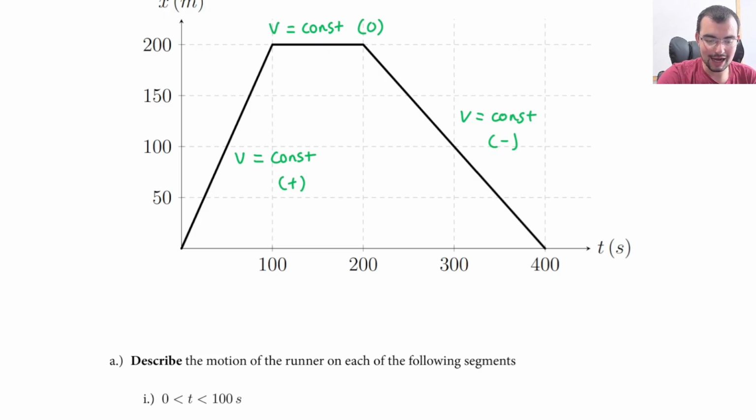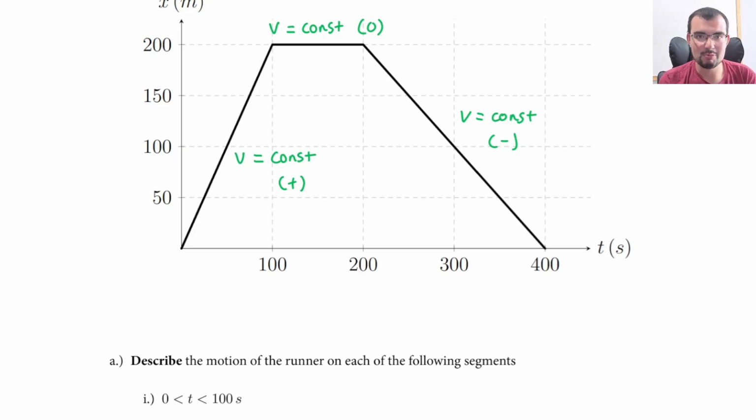So I have a constant positive slope. So the runner is going away from their starting position at constant speed. Then the runner stays at their farthest position at a constant speed of 0. So this would be like them resting, and then they go back to their starting location at a constant speed.